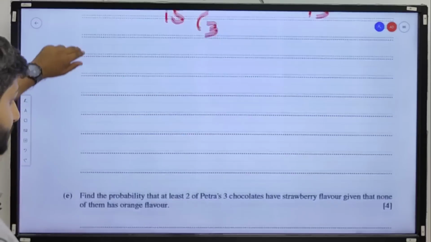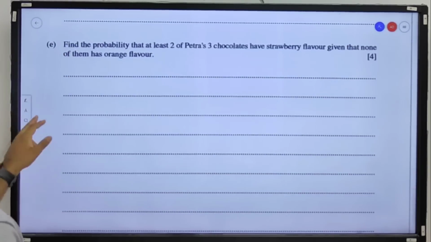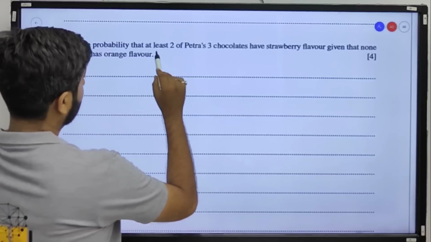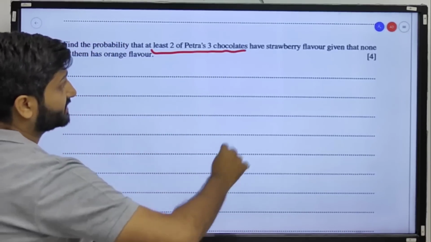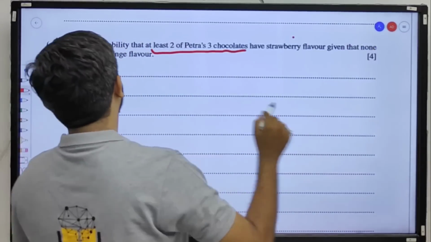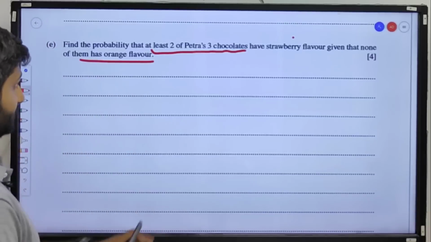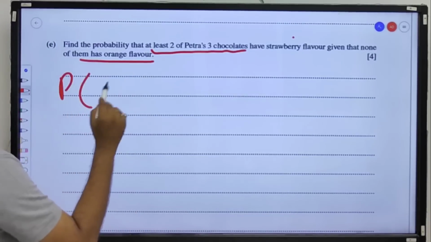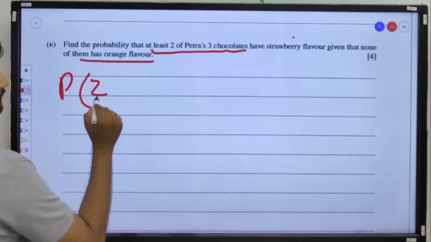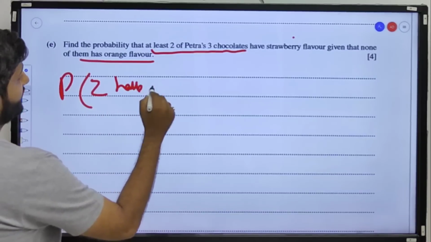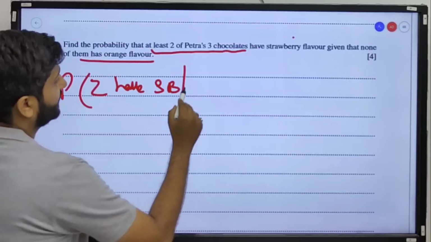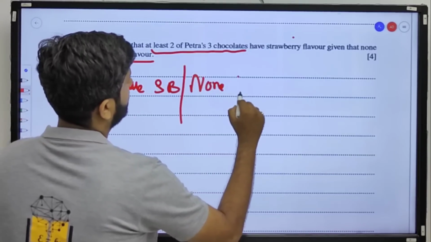Next question. Find the probability that at least 2 of Petra's 3 chocolates have strawberry flavor, given that none of them has orange flavor. Probability that at least 2 have strawberry flavor, given that none is orange.